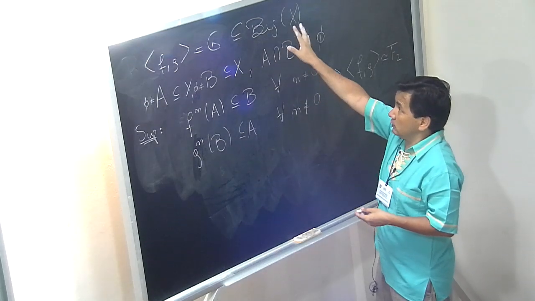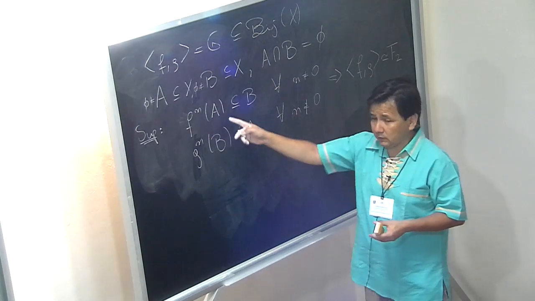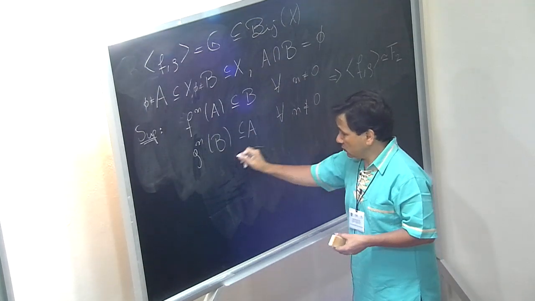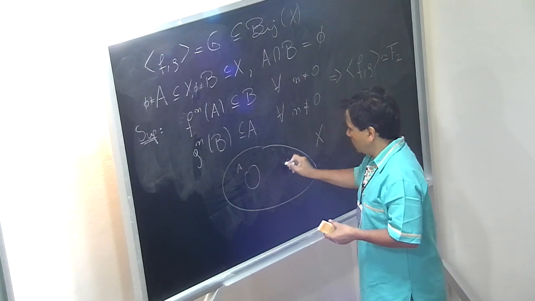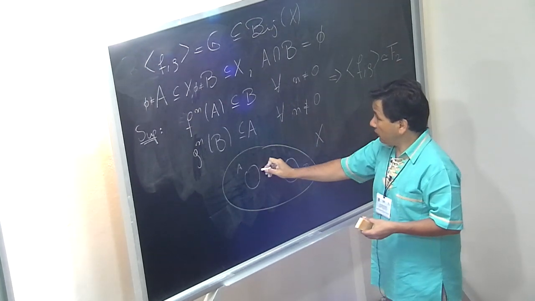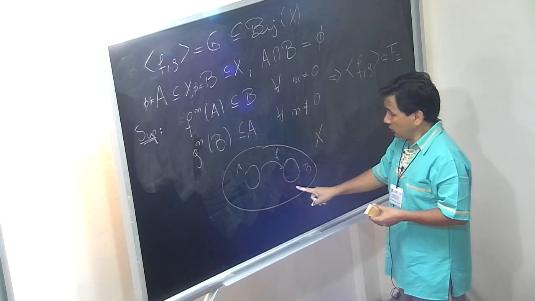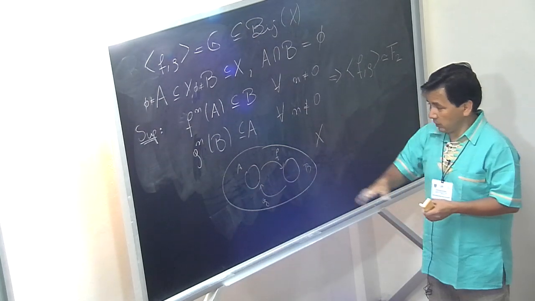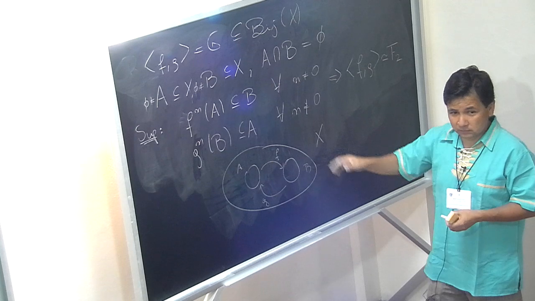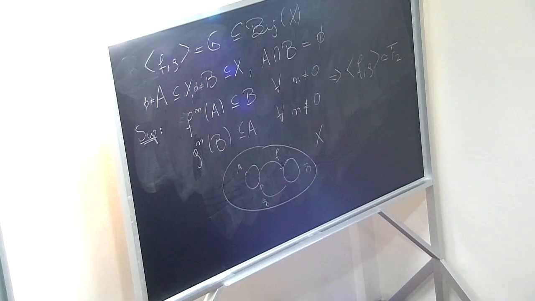No hypothesis on the action, just an action by bijections, and detecting two sets A and B, such that, so you have the space X here, you have A, B, and f always moves A into B, and g moves B into A. And this is the ping-pong game. Okay. Start playing, and so on.